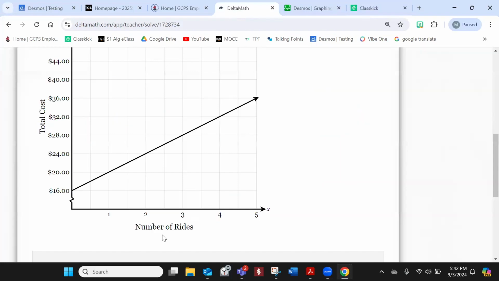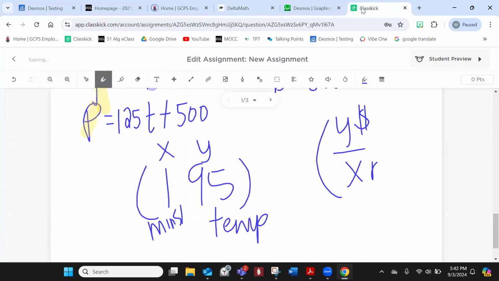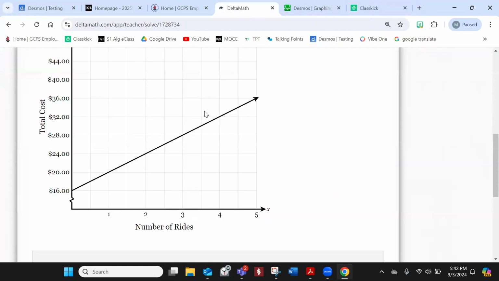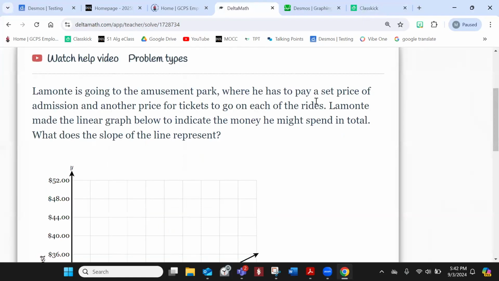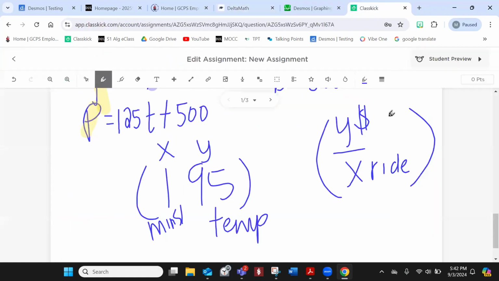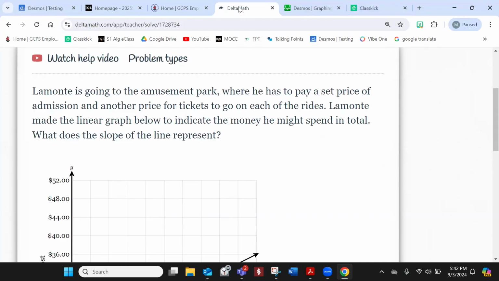And then the x represents the rides. So in this case, the slope would be how much money it costs for each ride, or how much money he spent at the museum. Okay, so it's money over rides.